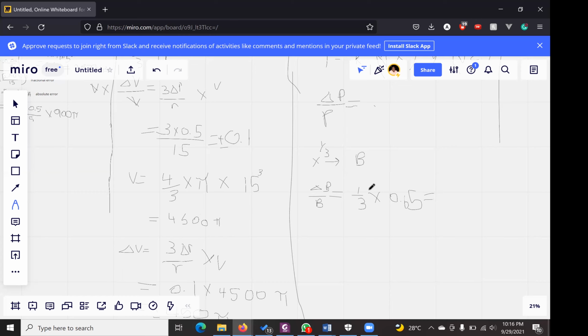This would have been 1/3 delta x over x, and they gave you this portion already.